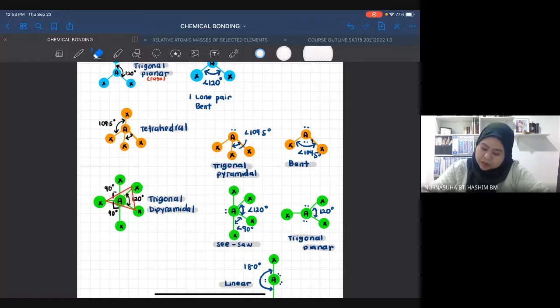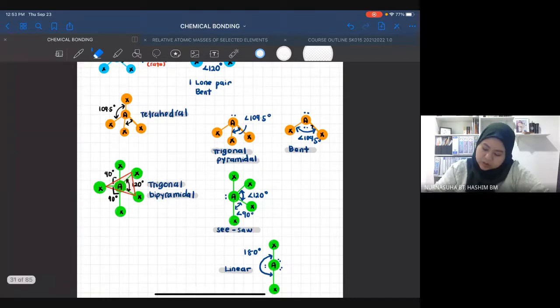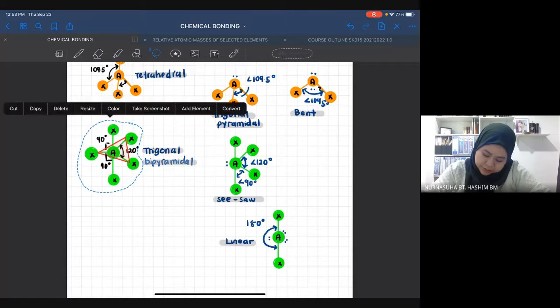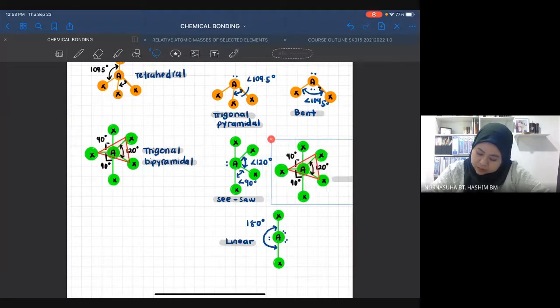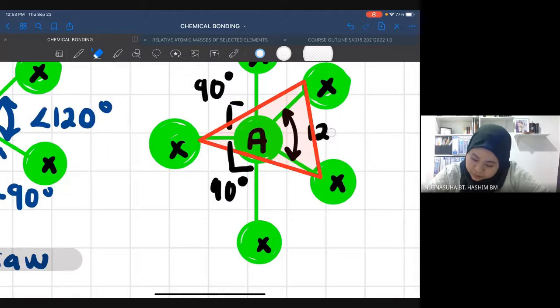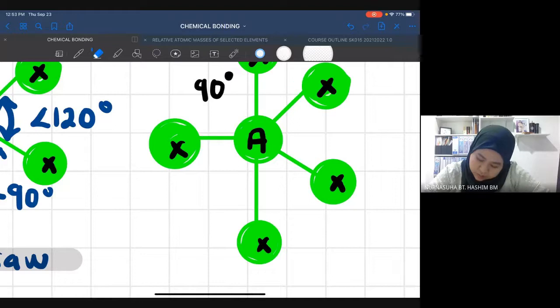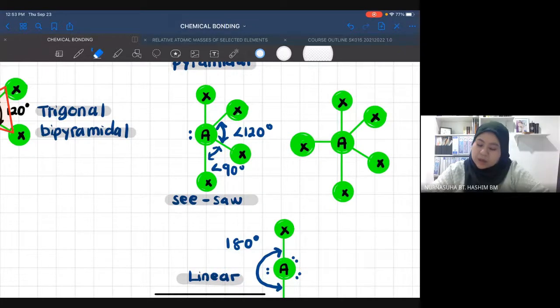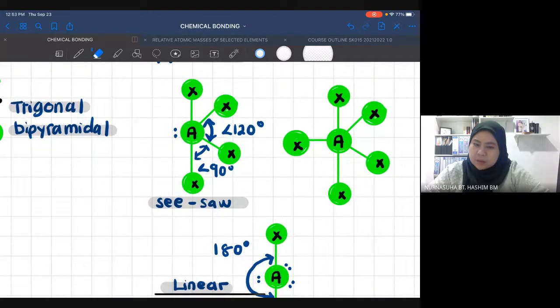Sorry, this one betulkan, this one bukan trigonal planar. This one adalah T shape juga. Sorry betul kan? Sebabnya sekejap. Okay, if I have 2 lone pair, Madam tak akan buang yang angle dia 90 tau.